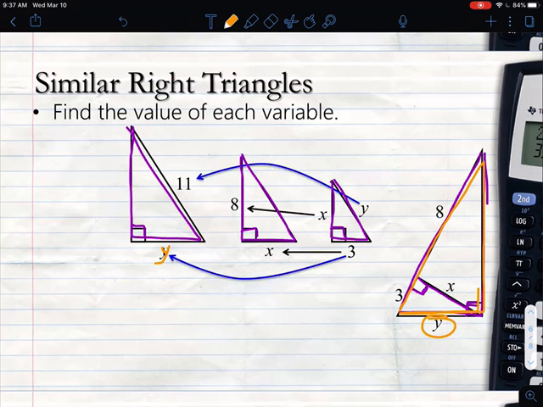The long side over here doesn't have any measurements, which means I'm just going to leave it completely blank. I don't know what that length is. But then if I look at my hypotenuse, the longest side, I notice that I have an 8 and a 3, which together makes 11. That's where this is coming from right here. So I know these two parts, the Y and the 11, for that big triangle.